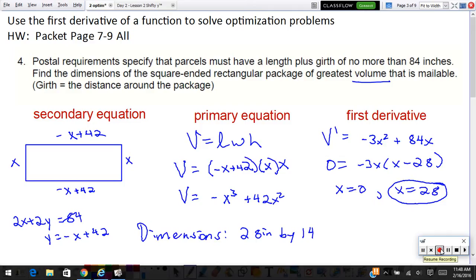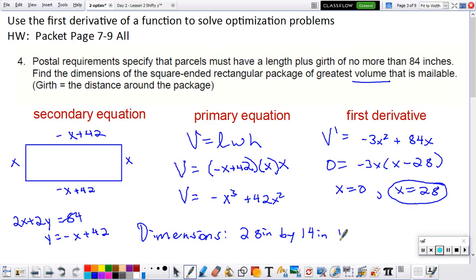Because if that square was the 28, it would be 112, because 4 times 28 is 112. So obviously that's not correct. So it's going to be 28 by 14, and then the square has to be the 14.